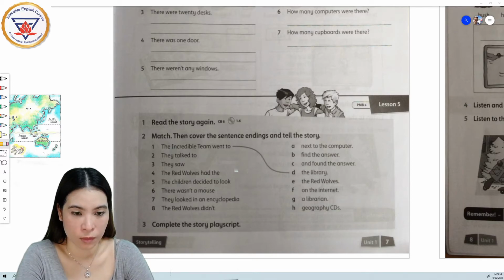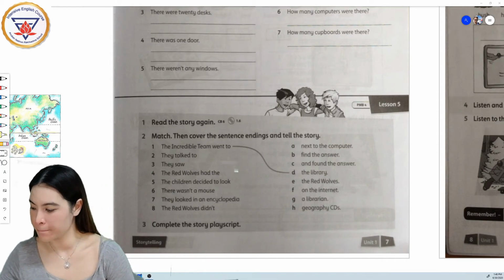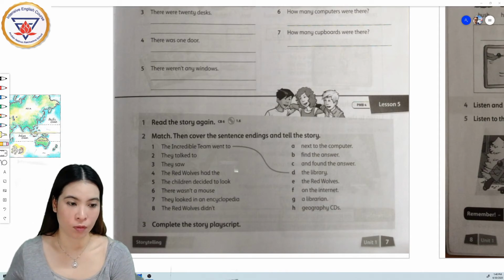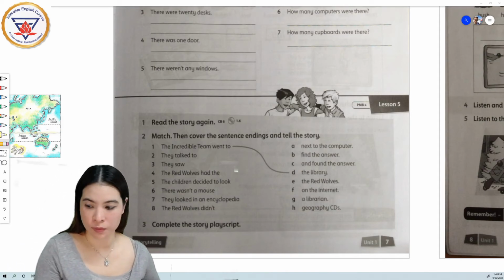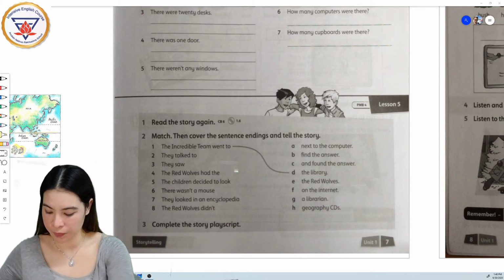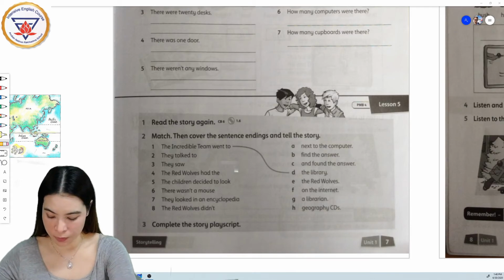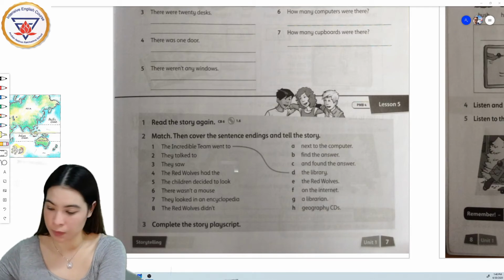I don't know, but I can help you find out. That's strange. I was here 5 minutes ago. There were some geography CDs on the shelf. Where are they now? Oh, look. The red wolves have got them. Why not look on the internet? Brilliant. Come on.